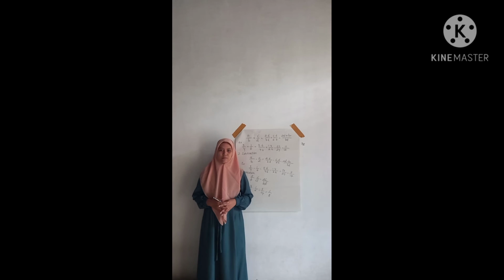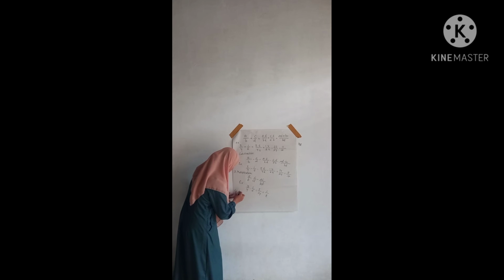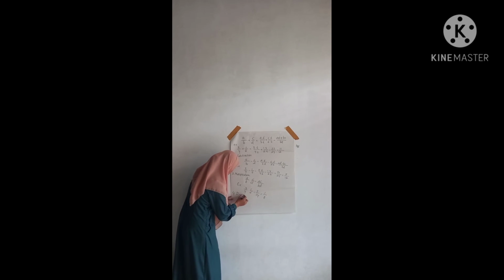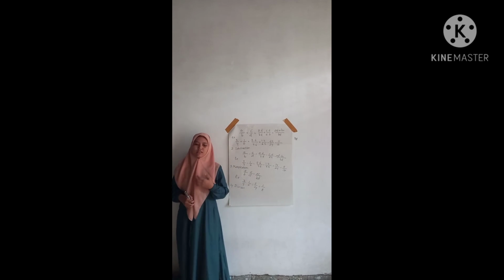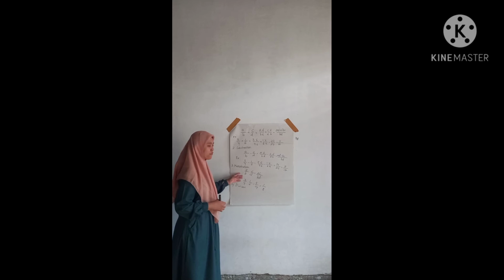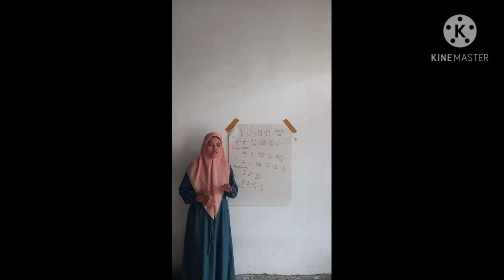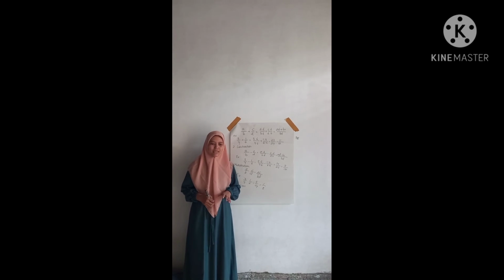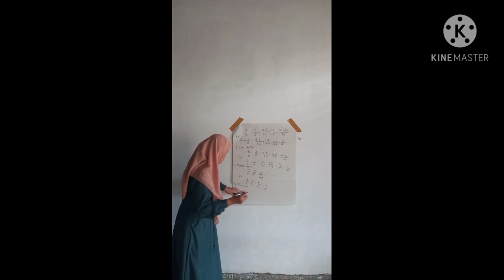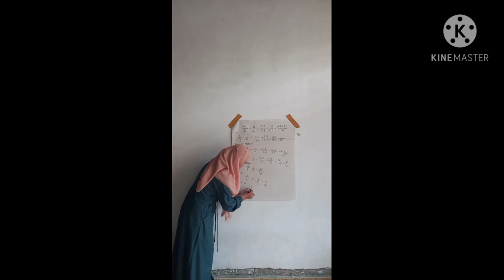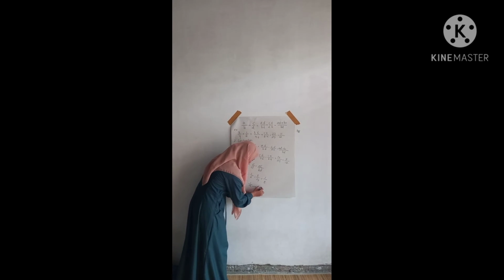Next, I will explain about division. The process for dividing fractions is similar to that for multiplying fractions. In order to divide fractions, the fraction is multiplied by the reciprocal of a number, simply 1 over A, where A is a fraction.